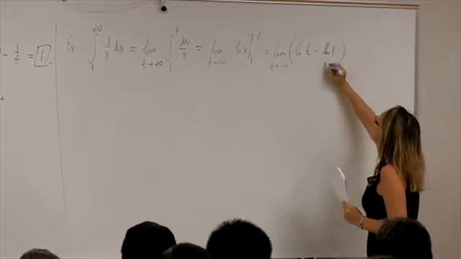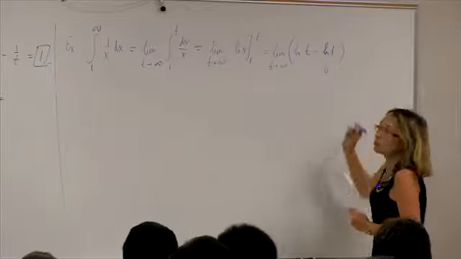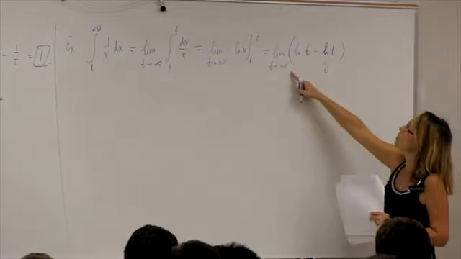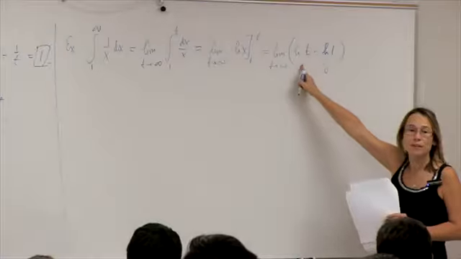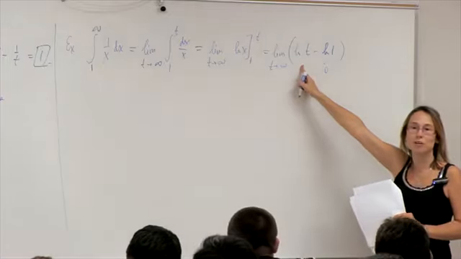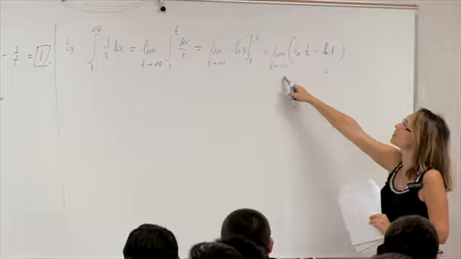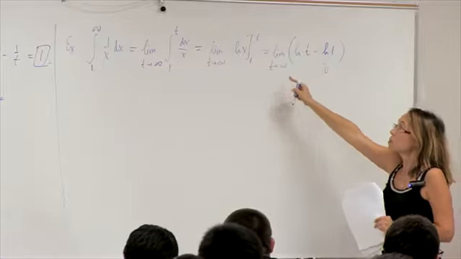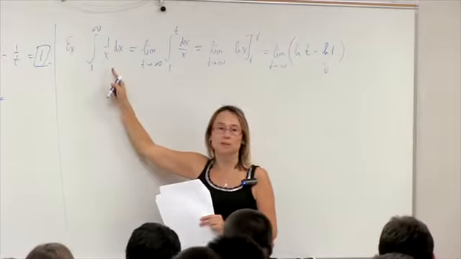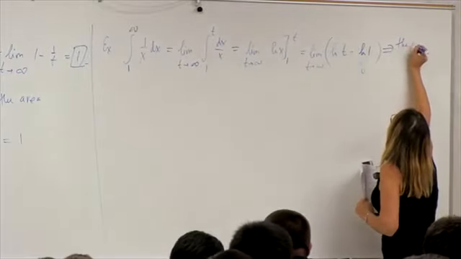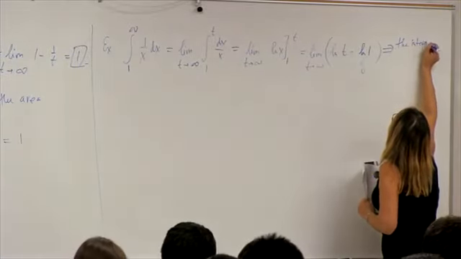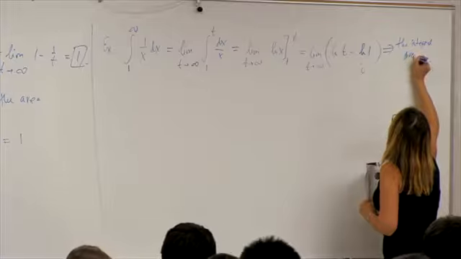So log 1 is simply 0. I don't have to worry about it. How about log t? What's the limit? It's infinity, right? Remember the log blows up. It goes to infinity as the argument goes to infinity. So what can we say about this improper integral? It diverges.